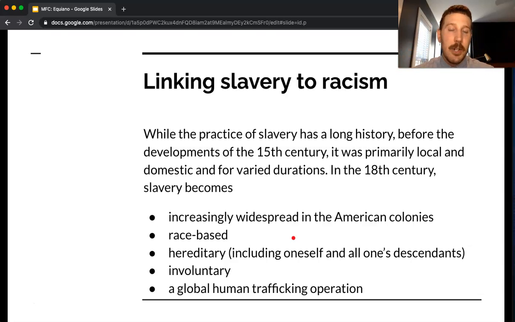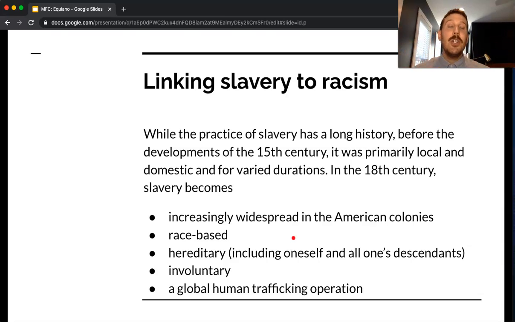But in the 18th century, slavery becomes something different, something even more nefarious and disturbing. So first of all, it becomes increasingly widespread in the American colonies. It becomes a primary source of labor in the American colonies, in the 18th century in particular. It also becomes race-based. This was not something that was affiliated with slavery before. Slavery was not attached to someone's race.